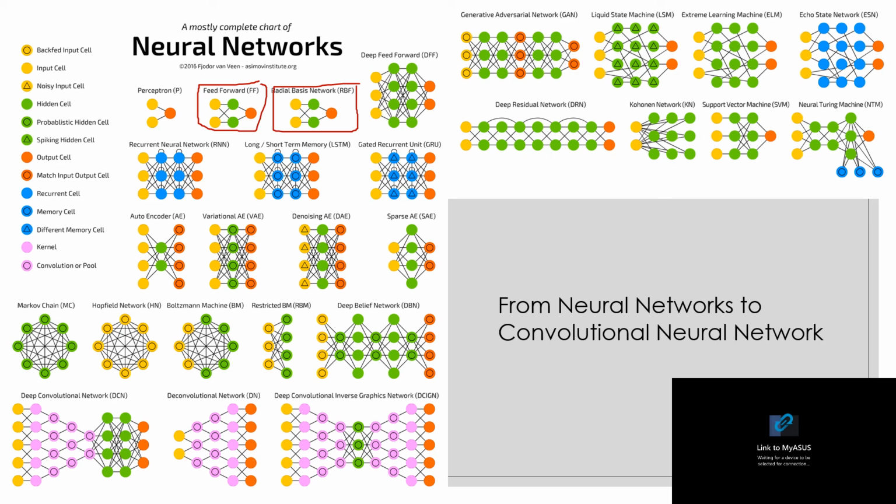When you increase the capacity of the neural network, we go from a neural network to a convolutional neural network. That means deep learning. Here is one deep learning approach, and here is another kind of deep learning approach.